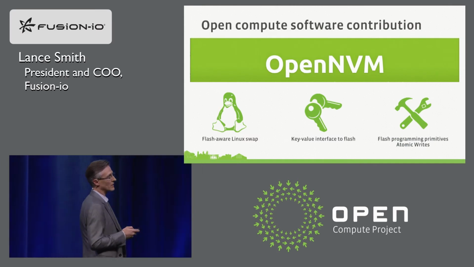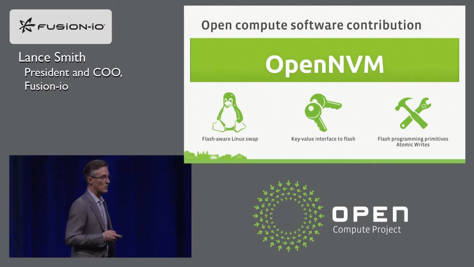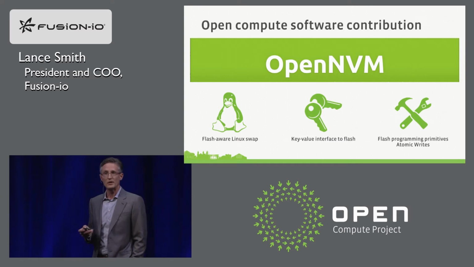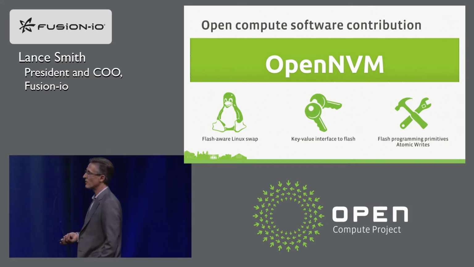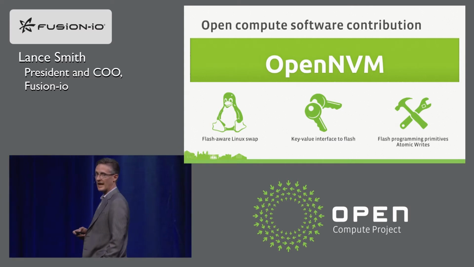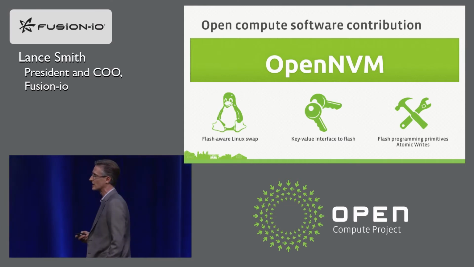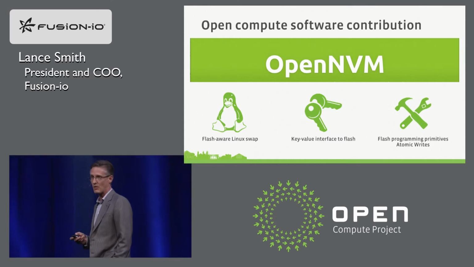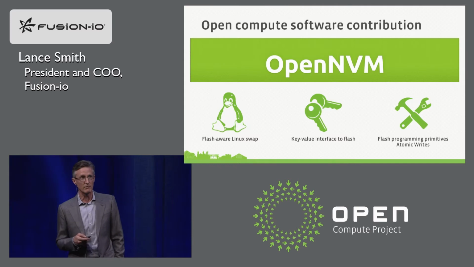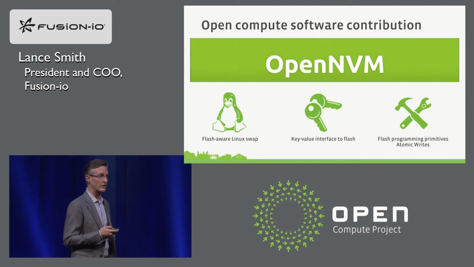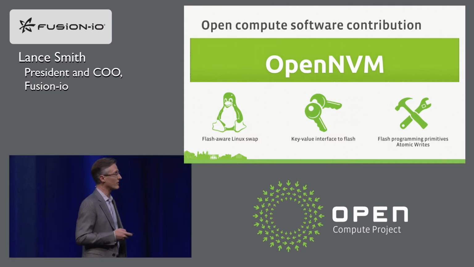One thing we've done over the last year with OCP is we worked on the very first software project. The software project is called OpenNVM. And today it has 3 major projects. The first one is the FlashAware Linux swap. This is utilizing extended memory and accelerating the use of the swap function with Flash.